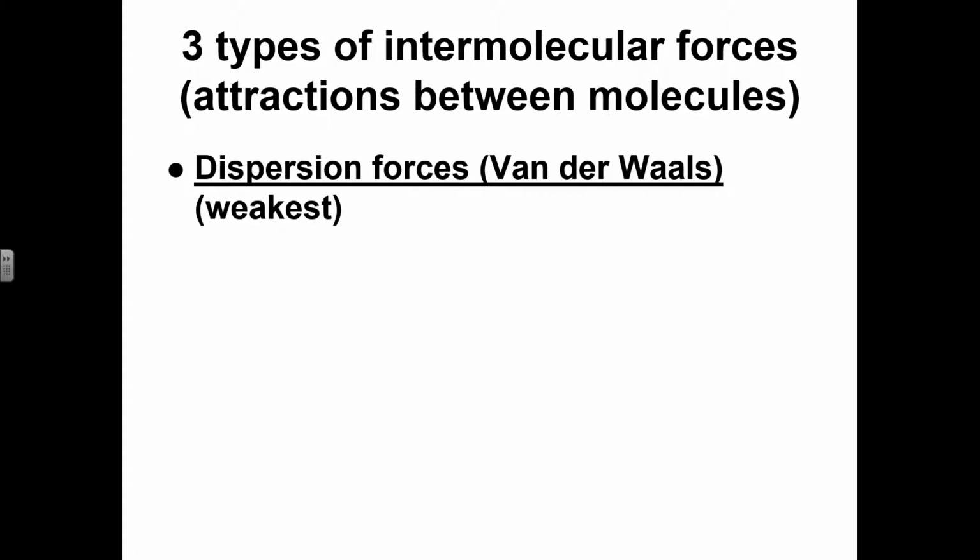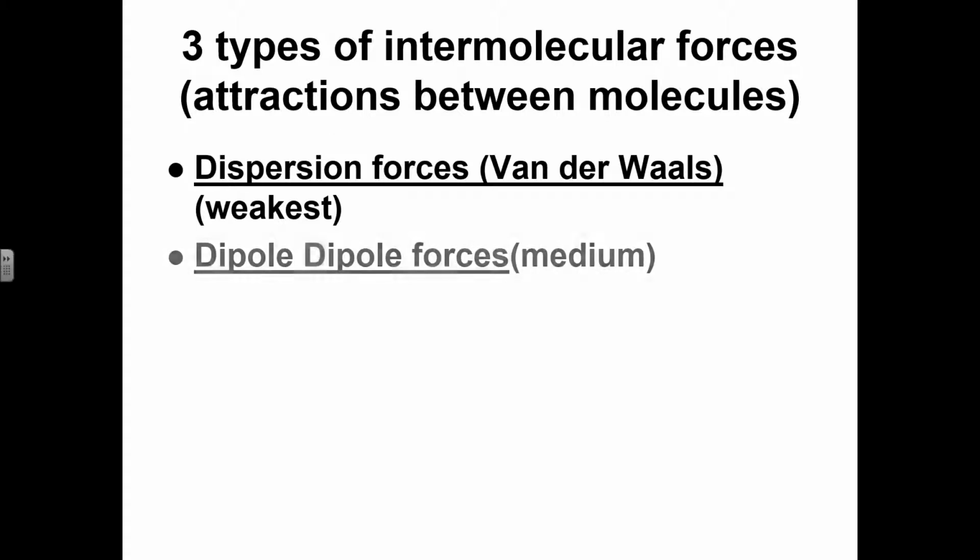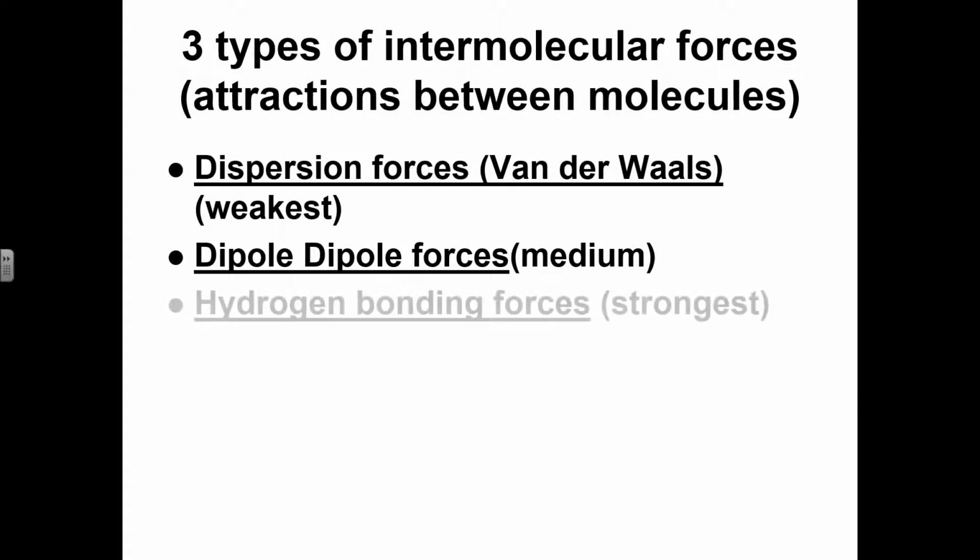Dispersion forces, also known as van der Waals forces. Those exist between all molecules. Some molecules also have dipole forces. That's medium strength. And the strongest force between molecules, it's kind of confusing because it has bond in the name, is called hydrogen bonding forces though. They're so strong, they're almost like a bond.